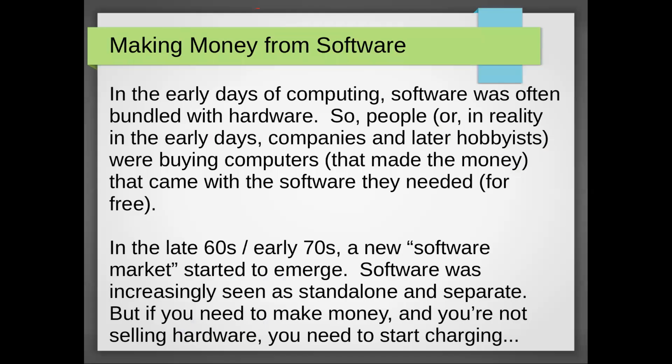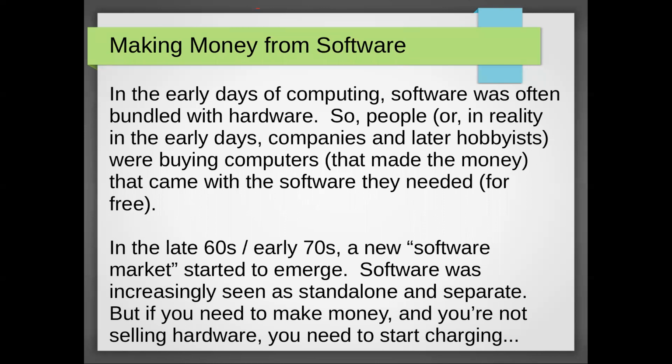So in the very early days of computing, software was very often bundled with hardware. In the early days, not so many people had home computers. That was very rare.